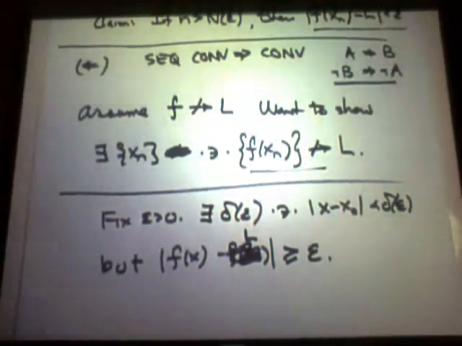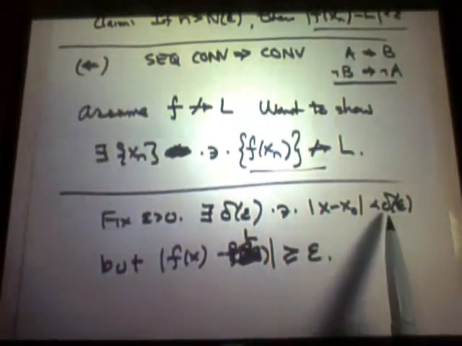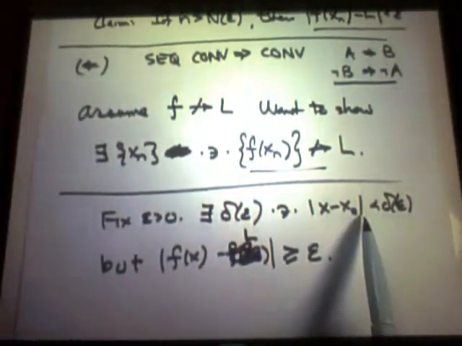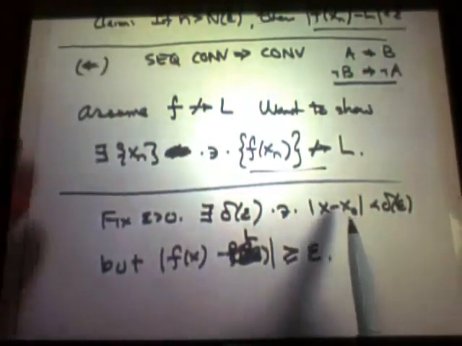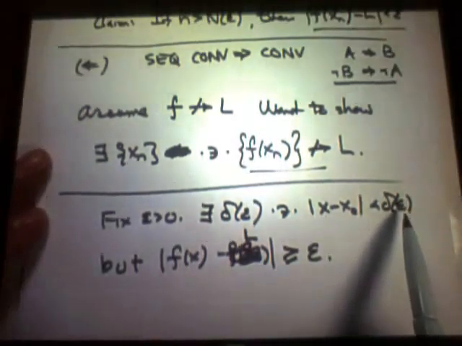Okay. Well, I can get within delta of x naught. Let me pick an x1 that's within delta of x naught. I'm going to use this condition to find an x1 that makes that true.